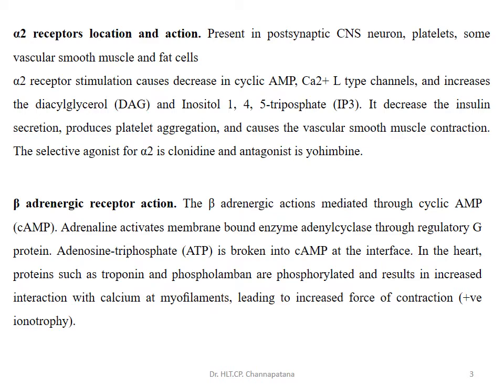And in the heart, troponin and phospholamban are phosphorylated, resulting in increased interaction with calcium in the myofilament. This means the intracellular calcium will increase in the heart, that is in the myofilament, which leads to an increase in force of contraction, that is positive inotropy.